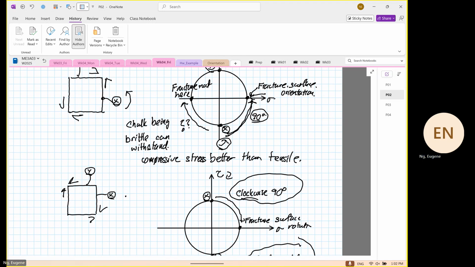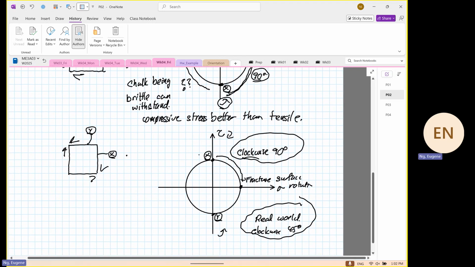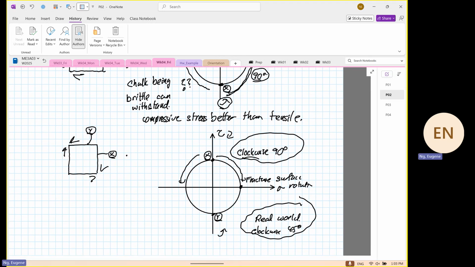Brittle. It can only withstand what sort of stress? Compression. It cannot withstand what sort of stress? Tensile. Be clear. That's why you will ask me, Eugene, why didn't it rotate this way? Yes or no? It won't rotate that orientation because chalk can withstand what?